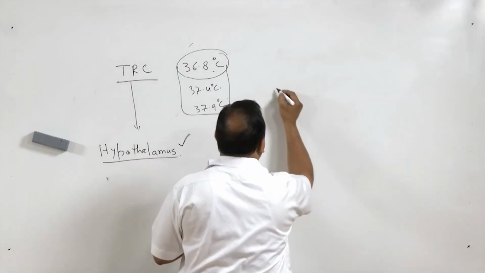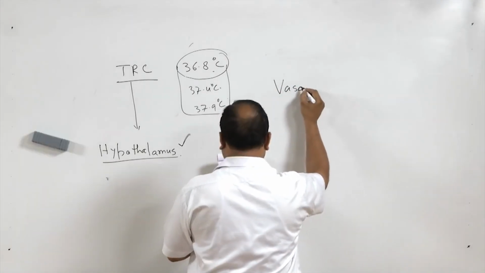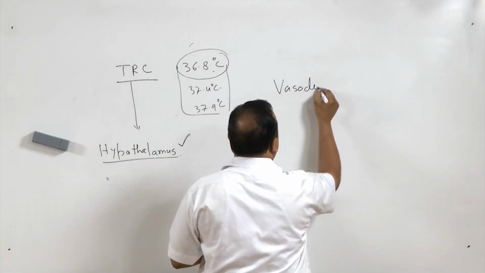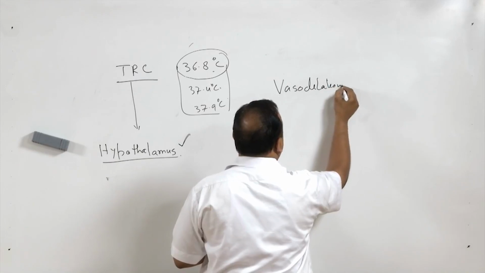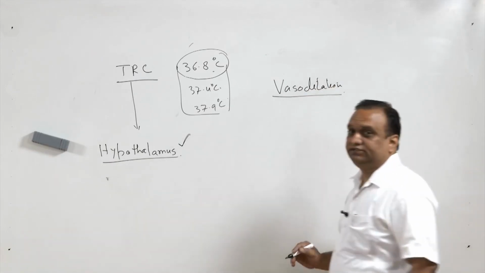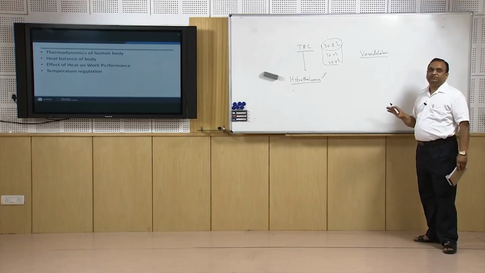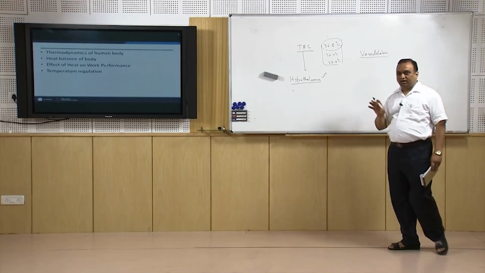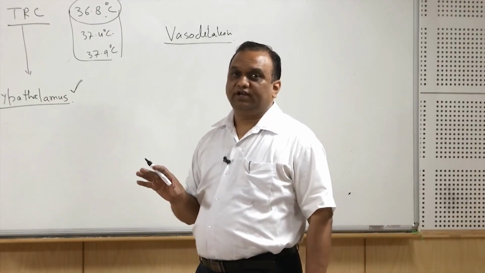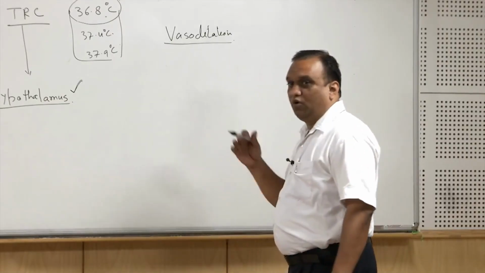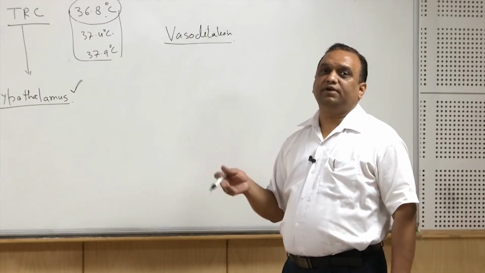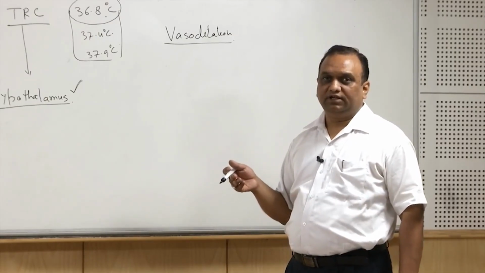This is known as vasodilation. In this process, the blood circulation to the skin increases. When the blood supply to the skin increases, the more easily the heat can be dissipated to the surroundings, right?